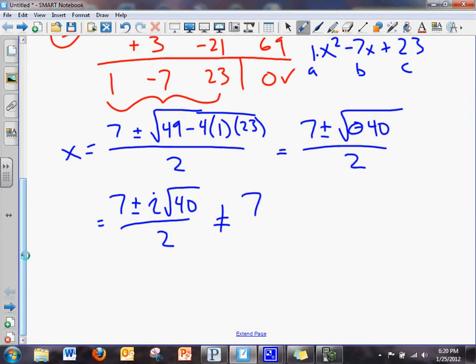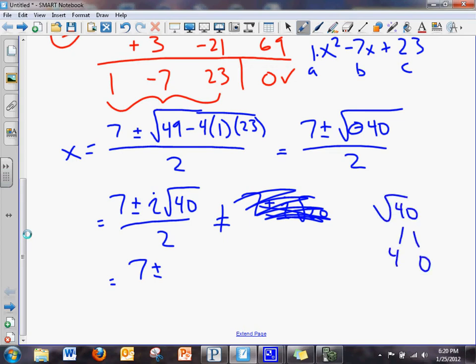And our last step, don't do this. Do not divide 40 by 2. We have to simplify that radical. All right. Let's see here. Square root of 40. There's a 4 and 10 in there. That's easy because that's 2 and 2.